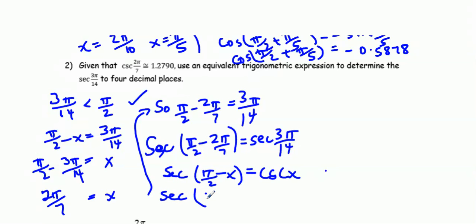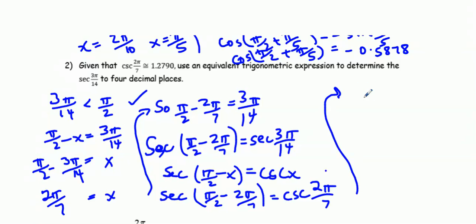You've got x. X was 2 pi by 7 is going to equal cosecant of x. These x's are the same, so you're just going to put in 2 pi by 7. And lo and behold, because you were given the cosecant of 2 pi by 7, that's going to equal 1.2790.